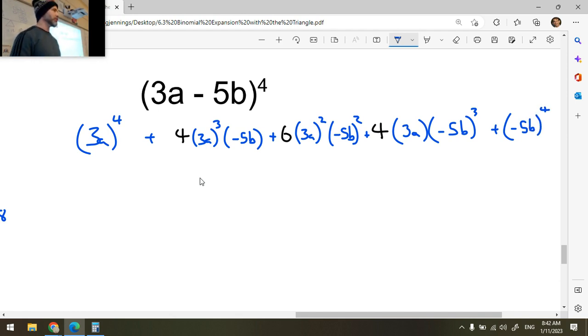Now we have some simplification to do. So let's go. 3a to the 4. Well, that's 81a to the 4. I have to raise 3 to the power 4 as well.